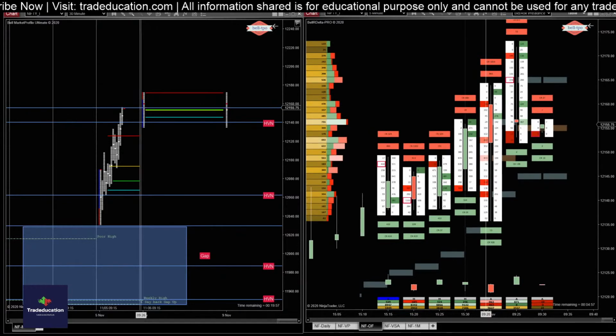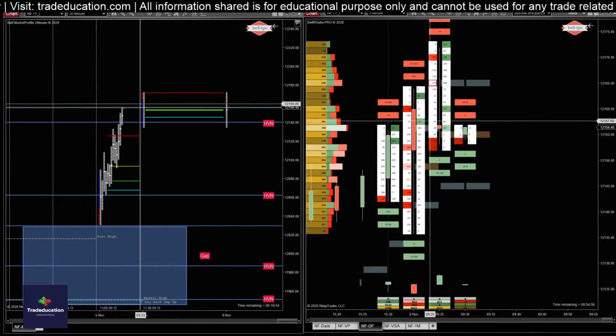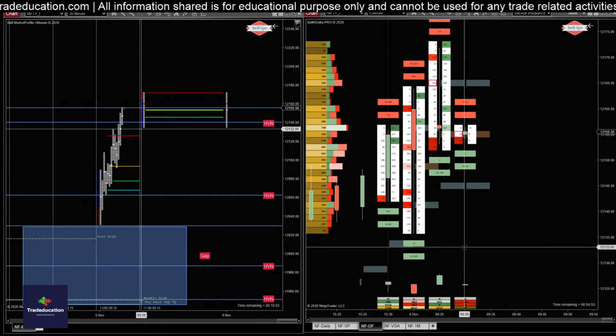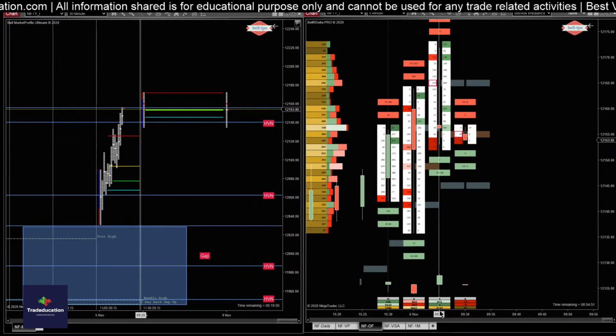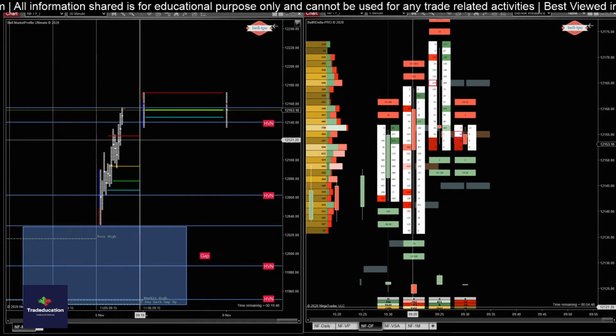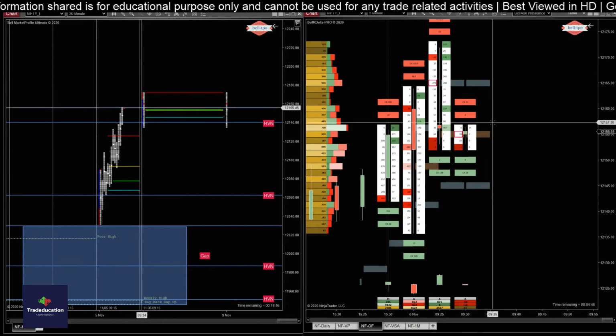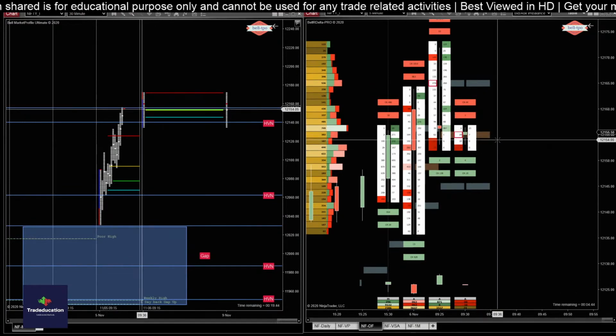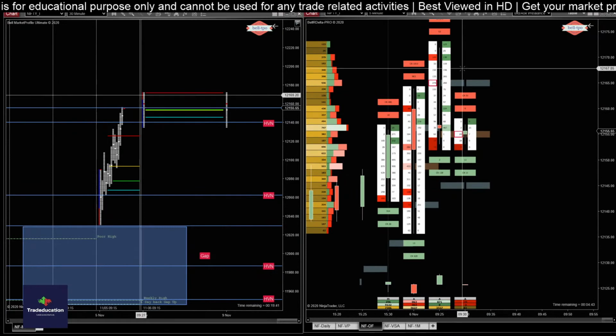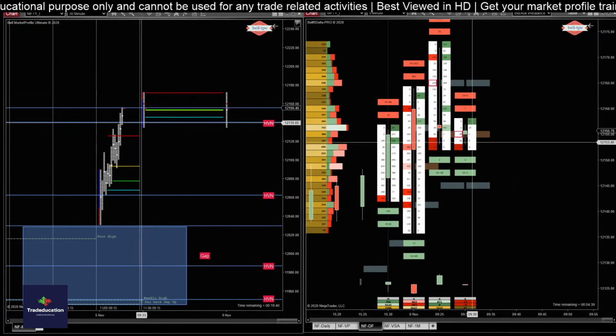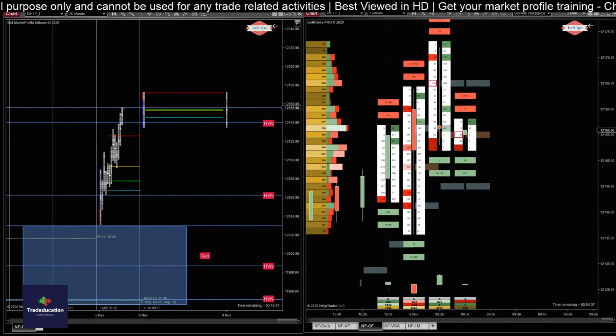Okay, so the second 5-minute candle formed with a doji candle, positive delta, but volumes are less compared to the first 5-minute. And now we should see continuation from the sellers. They did a pretty good job in taking the auction down. Now we are just chopping around VWAP.